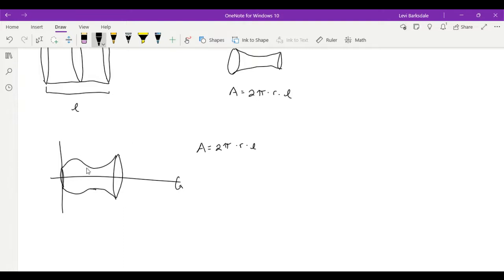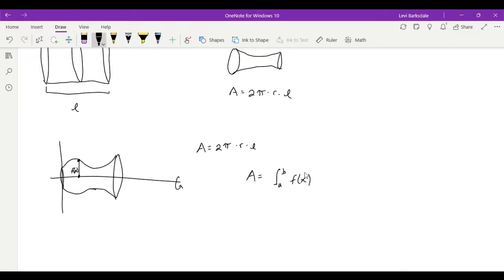In this case, our radius is the distance from the center up until the arc, and that is exactly our function value f of x. So we can go ahead and put f of x in our integral.